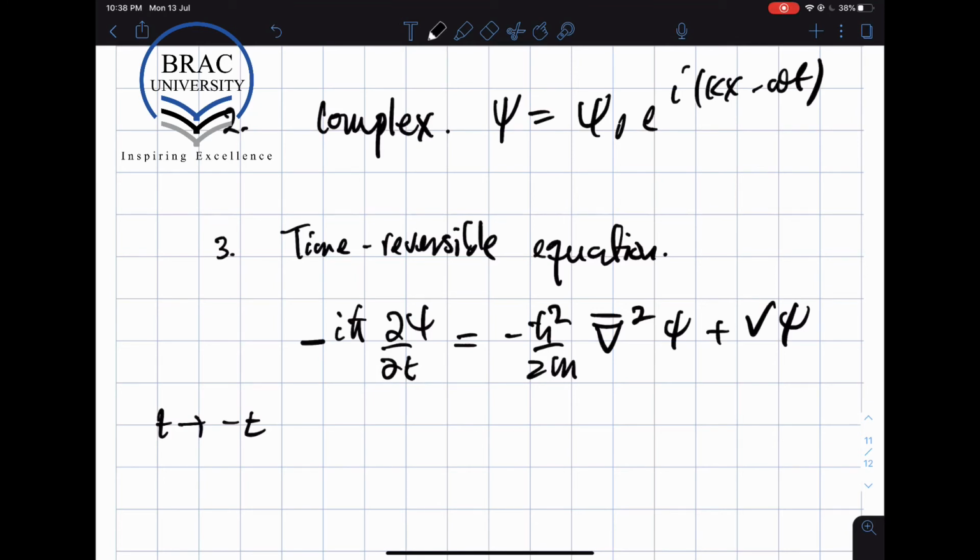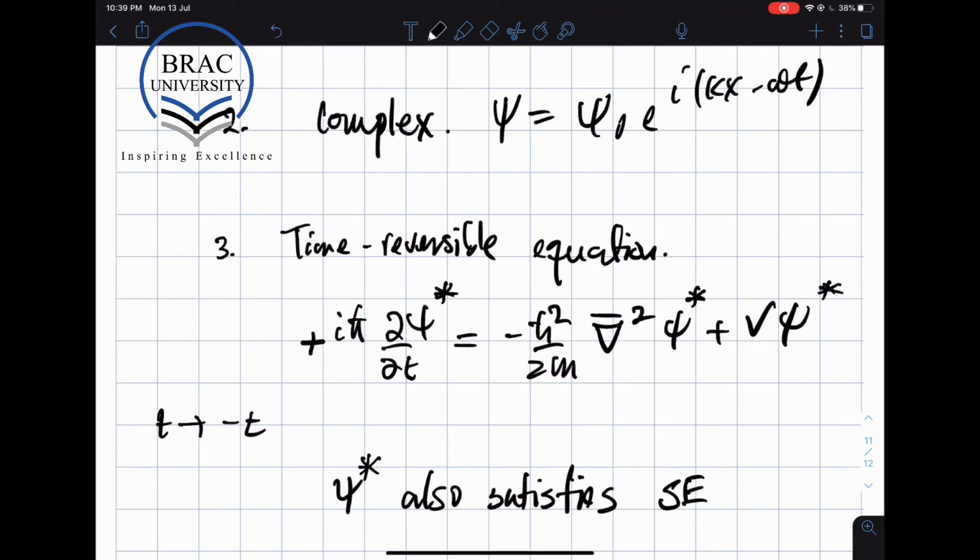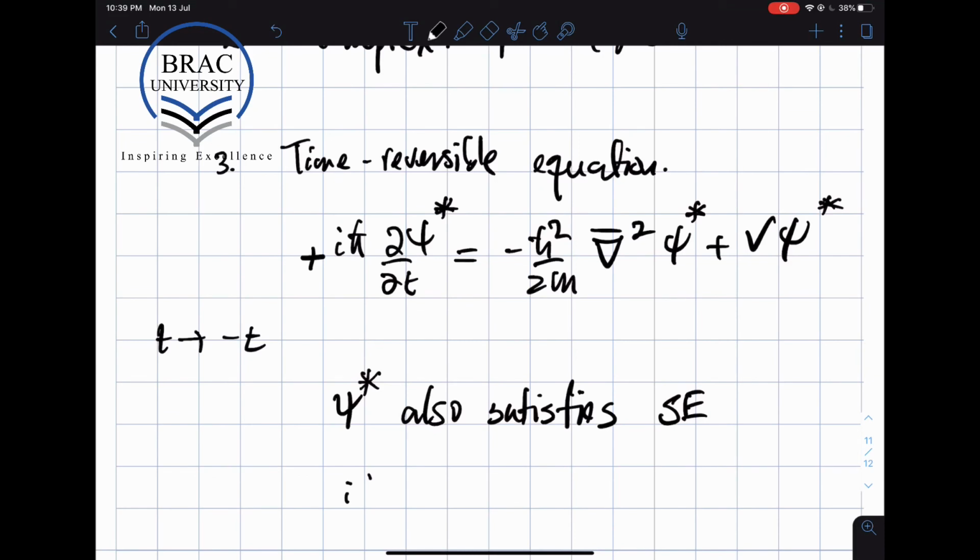Of course, this is no longer the Schrodinger equation, but now if we take the complex conjugate of this equation, then ψ becomes ψ star, and then i becomes minus i, so we go back to this plus sign here. Then we see that ψ star also satisfies the Schrodinger equation if ψ does.